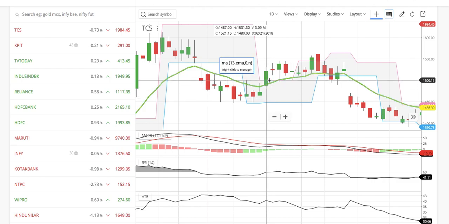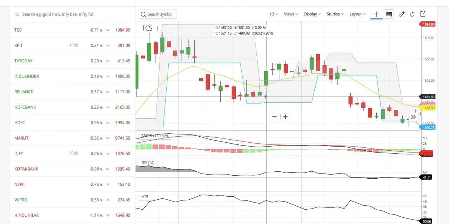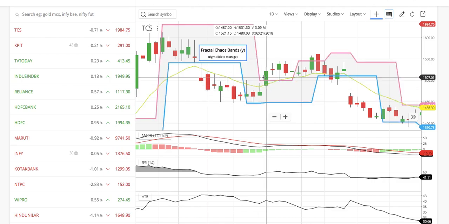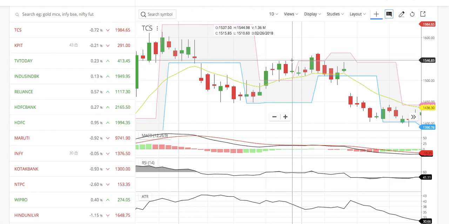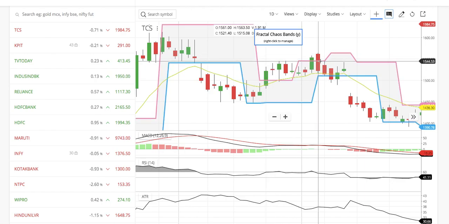So here we have one more entry again. This is the entry first, so 1500. And what is the stop loss? 1460, 40 points is our stop loss. For the first lot, we will exit at 80 points, which means if it goes to 1580.